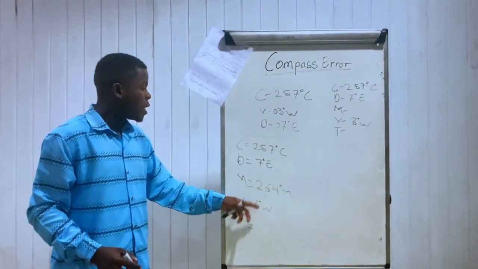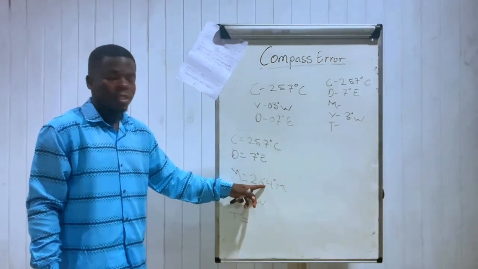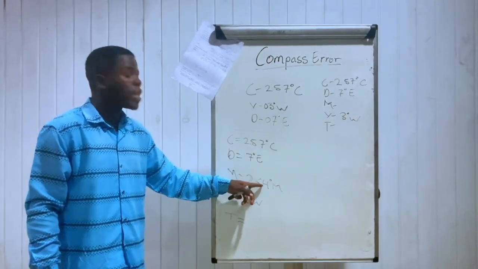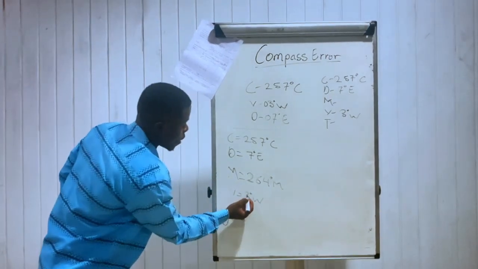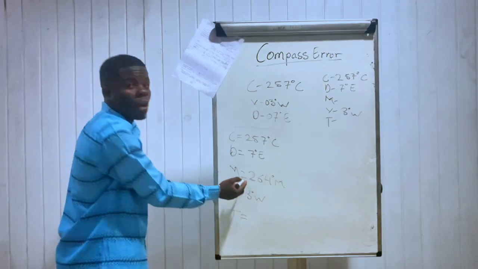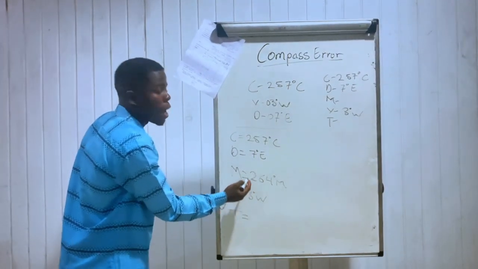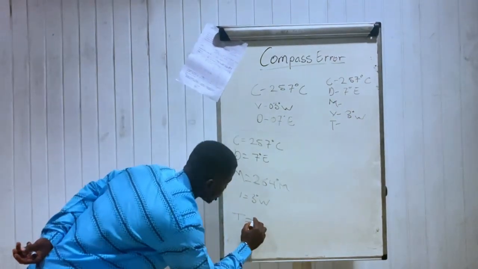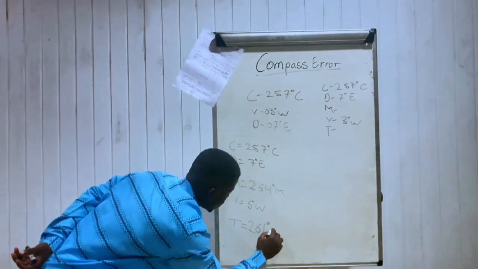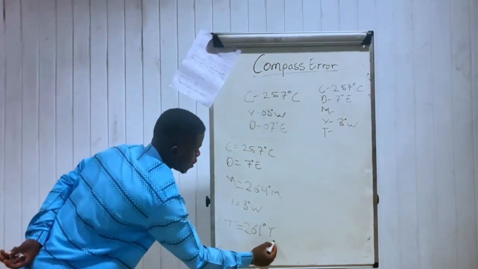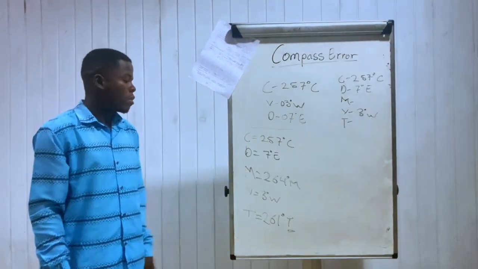When we subtract 3 from our magnetic, we will be getting 261 degrees true. So we will subtract our 3 degrees west from our magnetic. So that one is 261 degrees true. That will be your final answer.